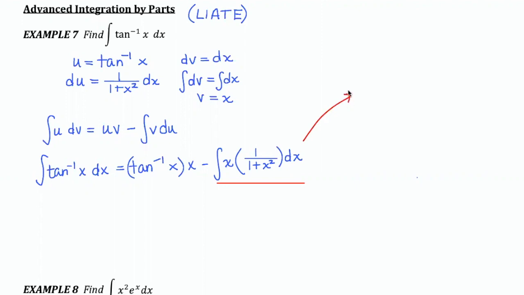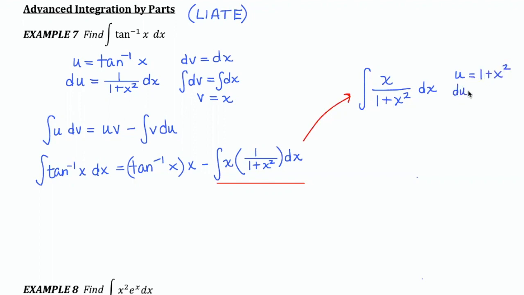Now, I can multiply that x into the numerator. I'm going to step off to the side here for a minute and do some thinking. And that would give me the integral of x over 1 plus x squared dx. Now, you did work with fractions like this when we were learning u substitution. So I'm going to go ahead and give u sub a try, where I let my denominator be my u.